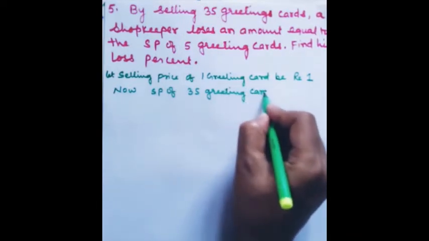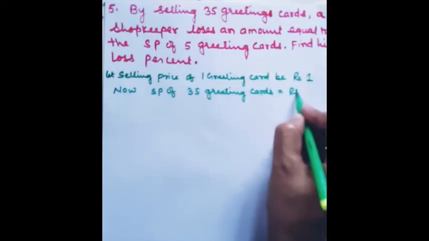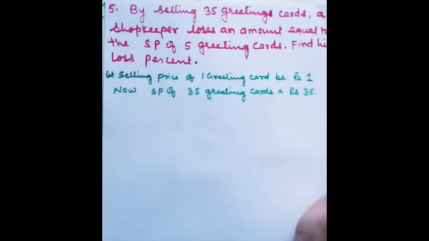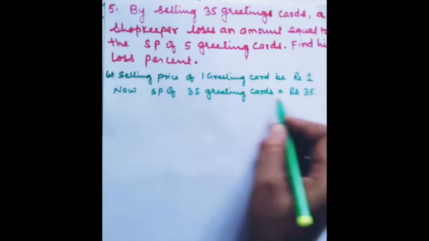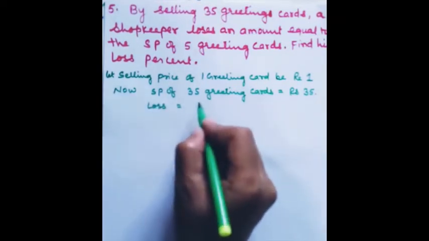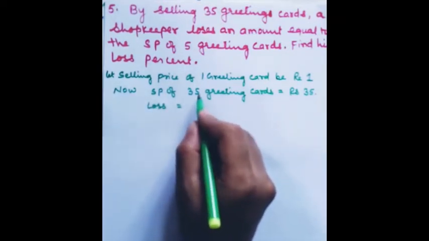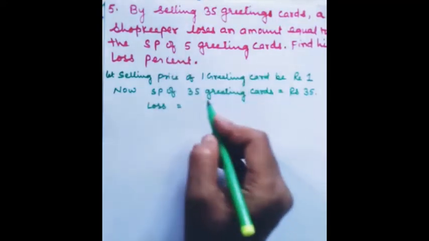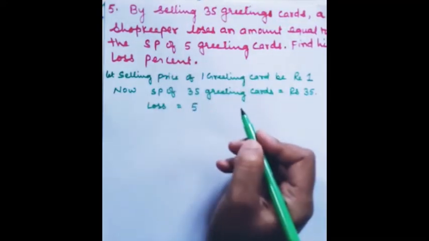Equal to rupees 35. Okay. Now if your SP is equal to 35, then loss will be equal to how much? Loss will be equal to SP of 5 greeting cards. Loss is equal to rupees 5.